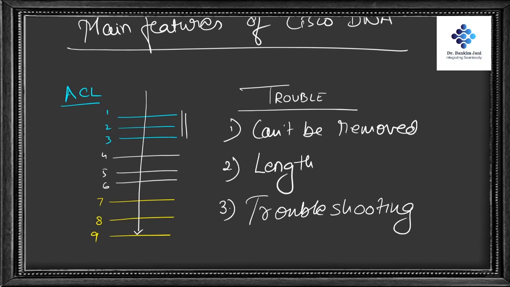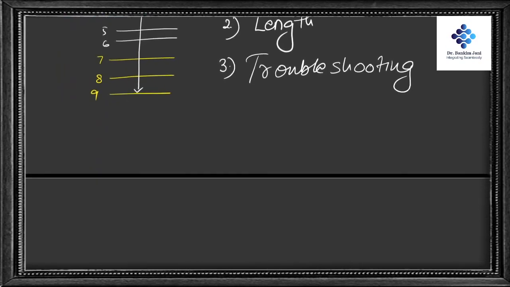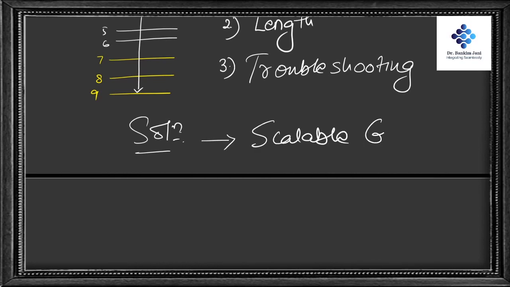These are some very practical troubles when the list grows. And as this list has been deployed on so many devices, you have to actually understand the whole concept of how to go for troubleshooting. Now this is a pain. This is really a pain. Solution: DNA Center, they said that see, we give you a solution called scalable groups.